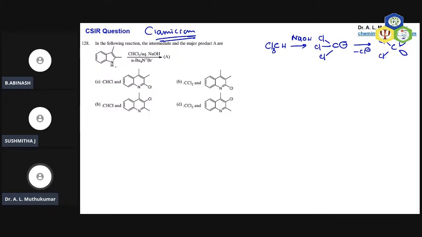And in parallel, the hydrogen of this NH group is removed by this base, and it provides the corresponding anion.